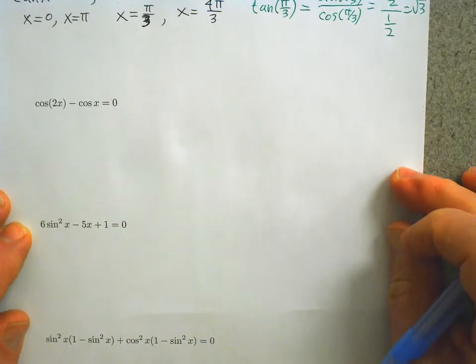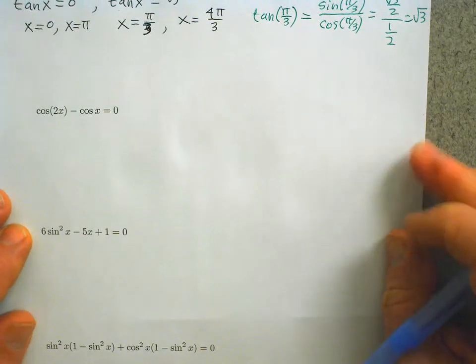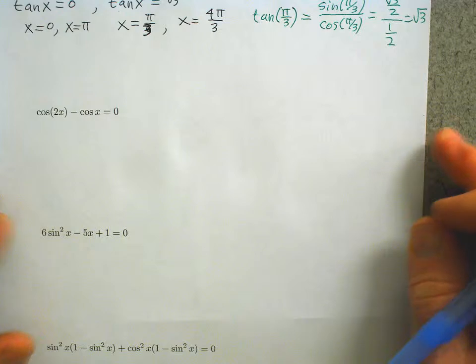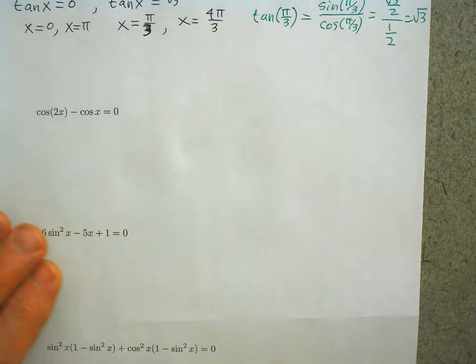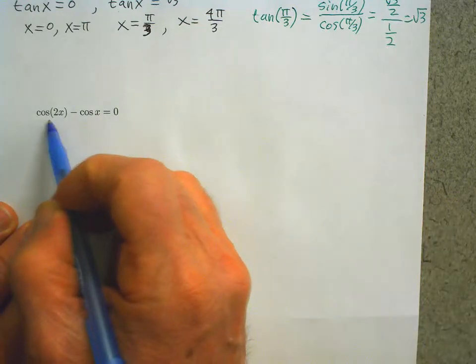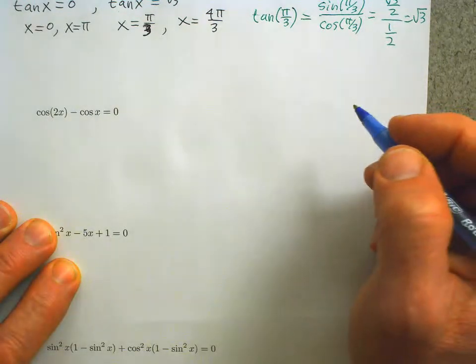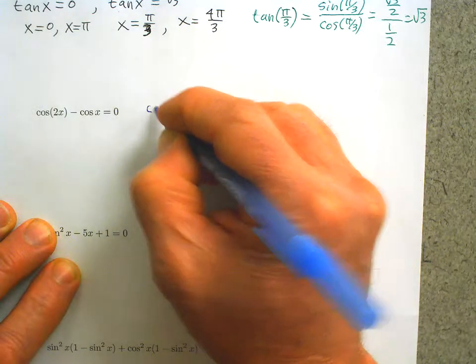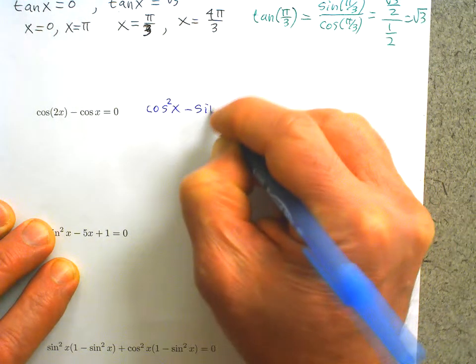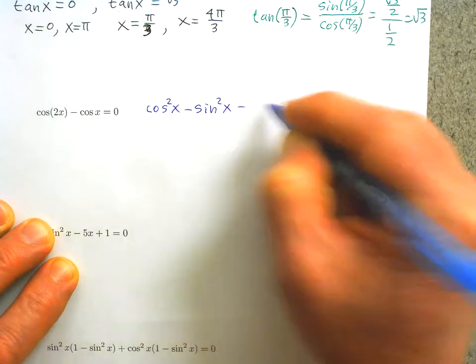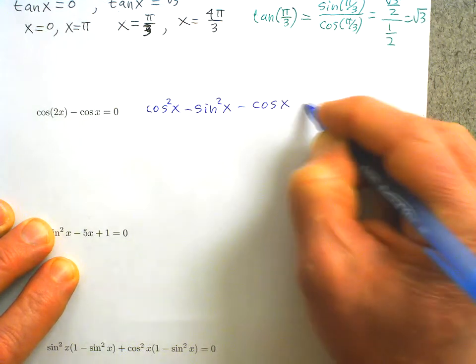Okay, the next equation, cosine of 2x minus cosine of x equals 0. So let's start with the double angle formula for cosine of 2x. Let's write it as cosine of x squared minus sine of x squared, and then minus cosine of x equals 0.